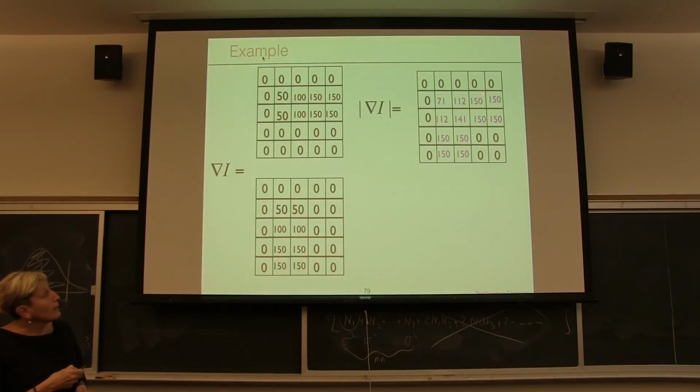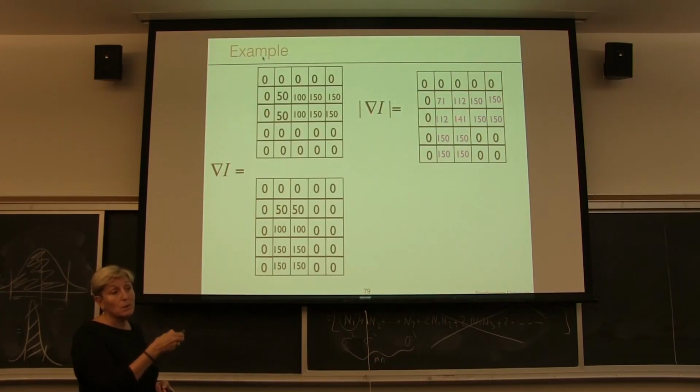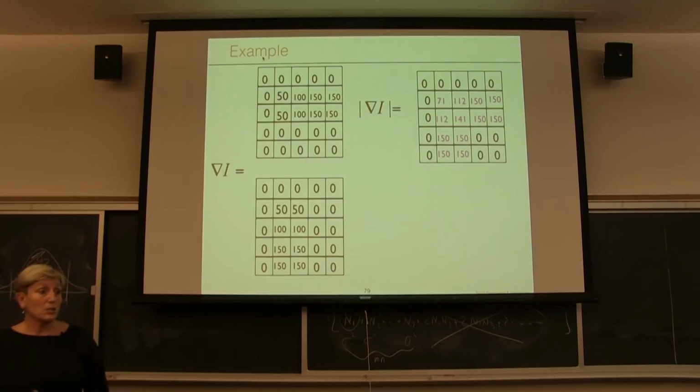Here's the magnitude of the gradient, and now I have to pick a threshold, right? So if I pick a threshold that's, say, greater than 50, I will pick these pink numbers as where my edge is. Okay. Now, one thing that you should notice is that I'm not finding a single line boundary. My boundary is 2 pixels thick. And that's a result of having a 3 by 3 mask.